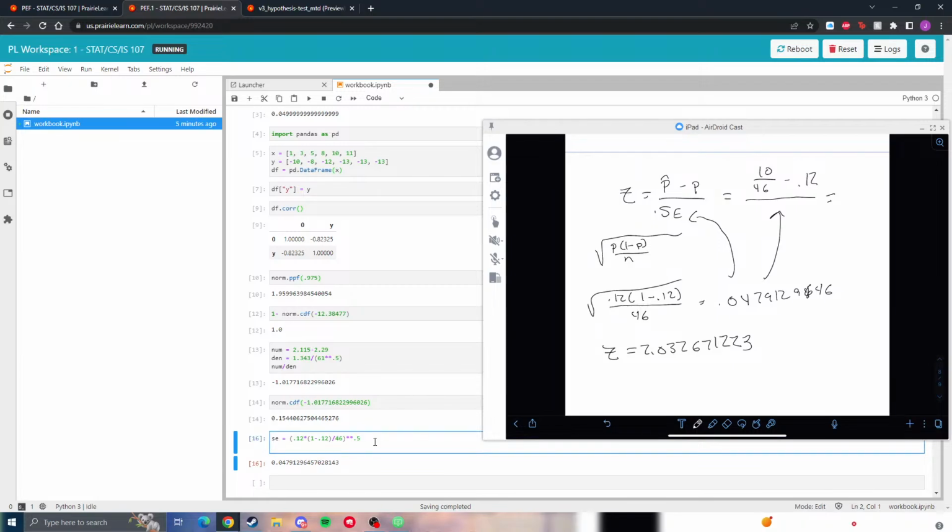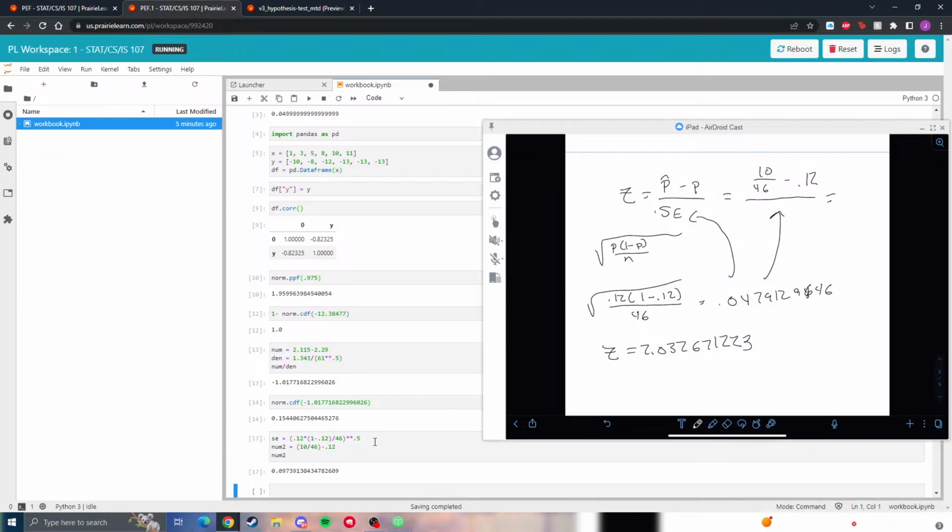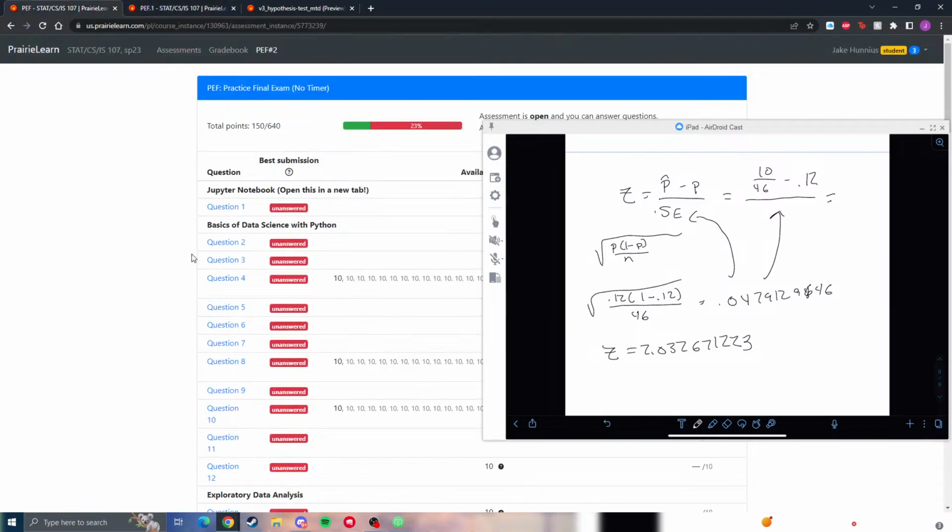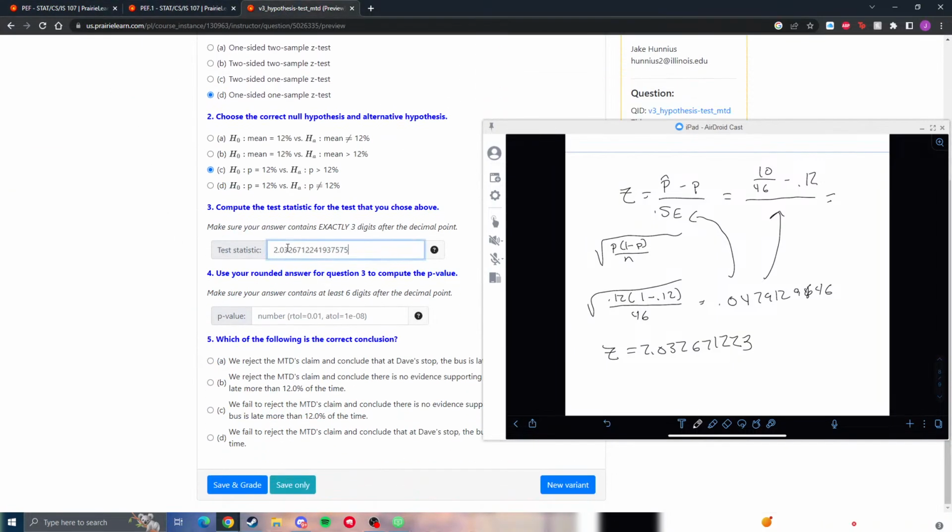Now we have to get our numerator, which is 10 divided by 46 minus 0.12, and we get 0.097. Dividing, we get the 2.0326 that we just had.